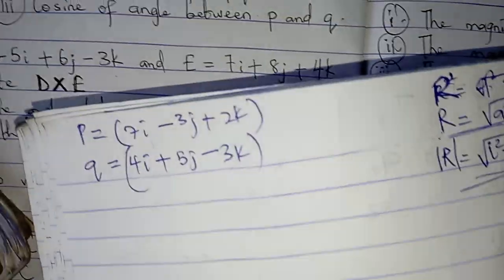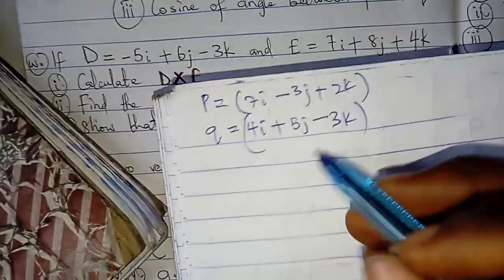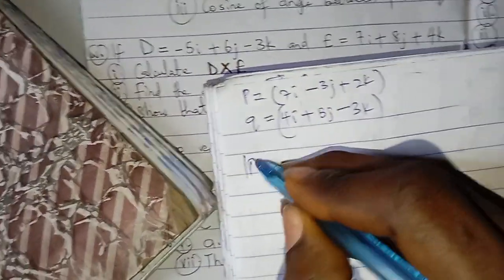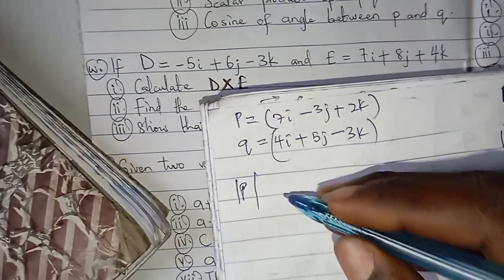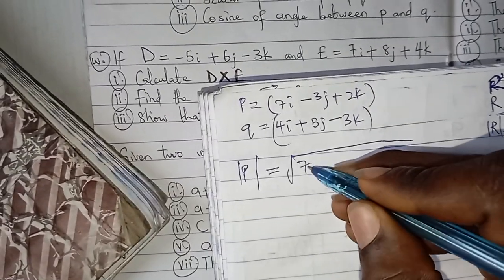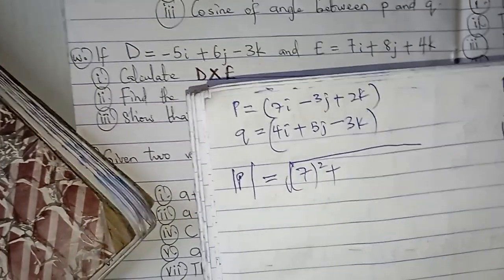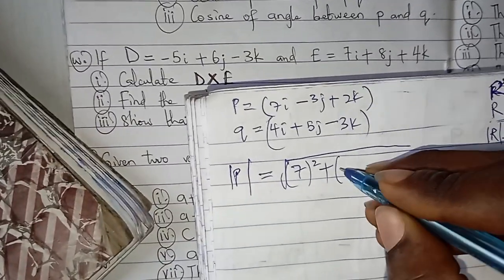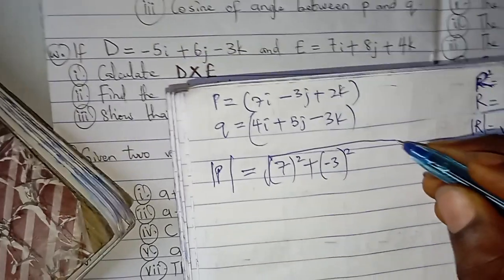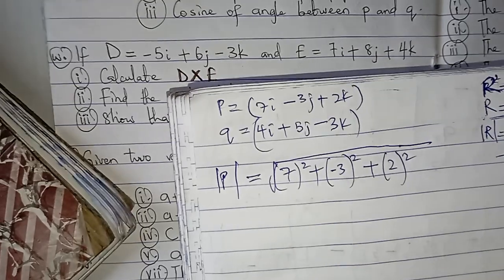So for this Q and P, to find the magnitude, all I need to do is to say magnitude of P, and I told you we use this symbol, is equal to, ignore the I, square, just put square plus, even if I put minus 3 squared, it is still plus, plus 2 squared.